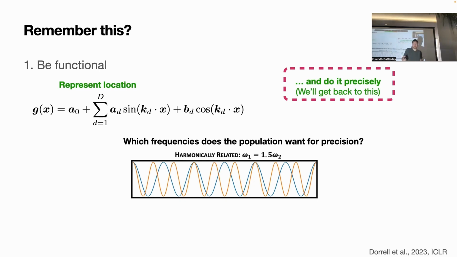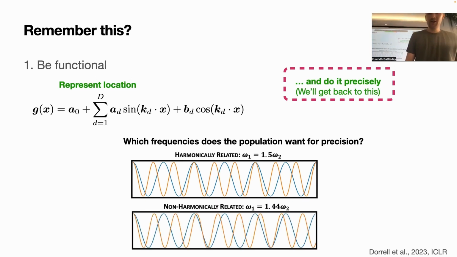It's representing those two points indistinguishably. And therefore, we don't know that this location is different from that location. Harmonic frequencies are bad for representing locations. If you had non-harmonic ones, every location is represented by a different combination of these frequencies. Therefore, we're able to discern points in space better.